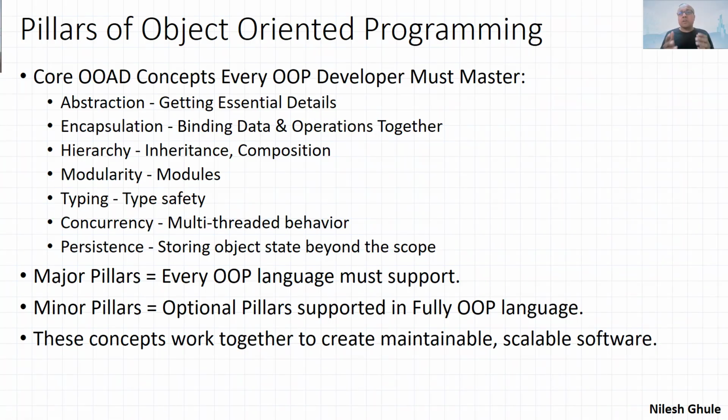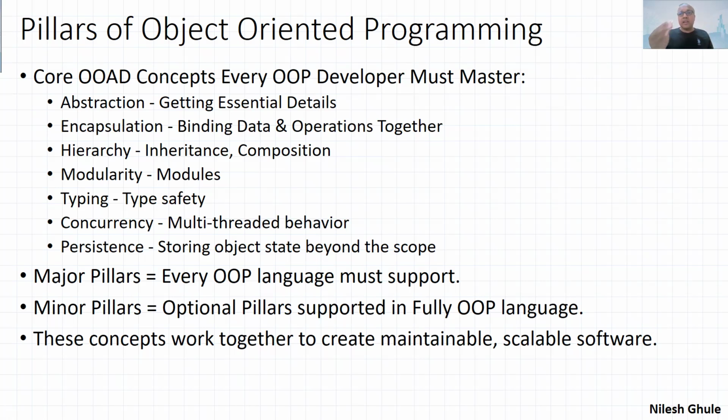According to Grady Booch, the object-oriented programming concepts are divided into major pillars and minor pillars. If any language wants to call itself an object-oriented language, it must have all the major pillars, while minor pillars are the optional pillars that object-oriented languages support, and languages said to be fully object-oriented definitely support these minor pillars.